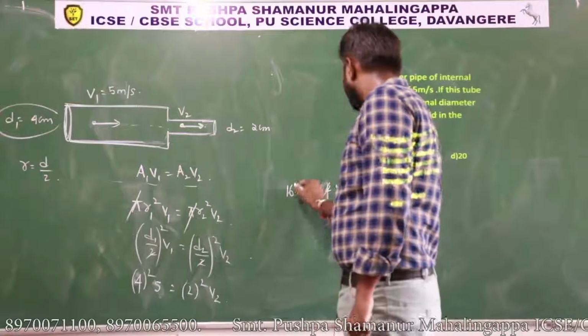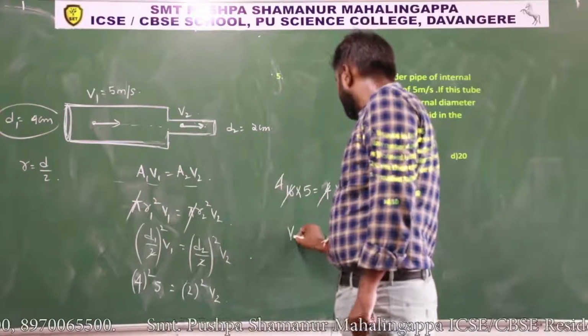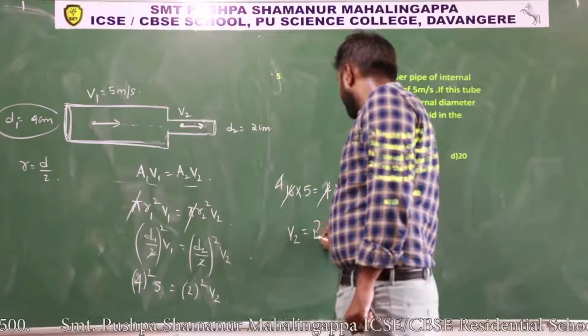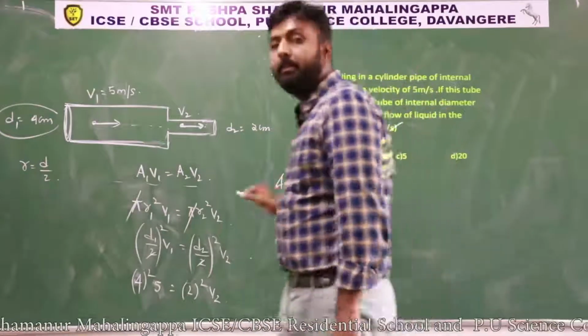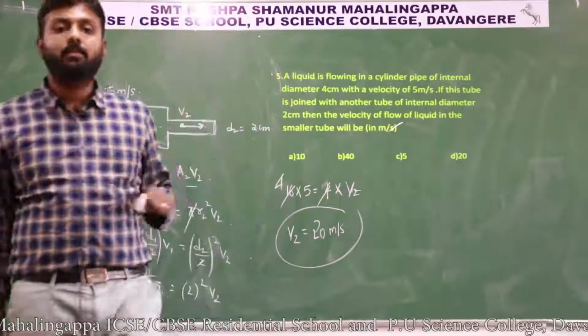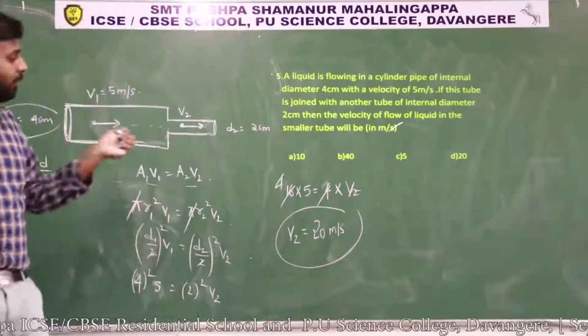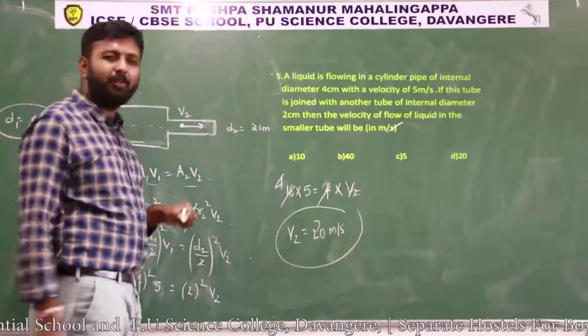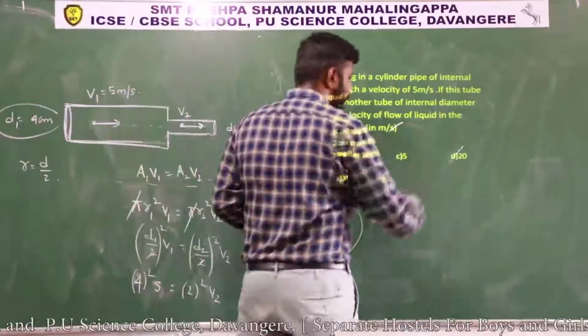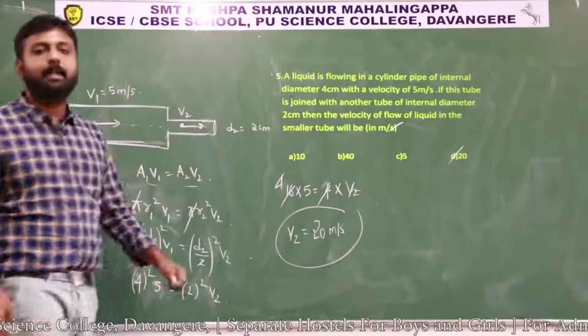Okay, then 4 ones are 4, 4 fives are 20, V2 is 20 meter per second. So in this way we have to use the equation of continuity formula. So the speed in the smaller tube is 20 meter per second.